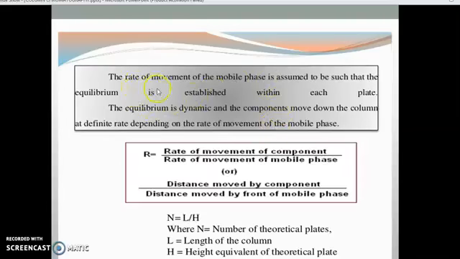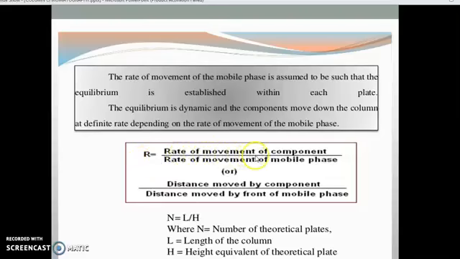Now let us look at the rate of movement of the mobile phase in the practical way. Dynamically, the equilibrium is a composition of movement down the column at a defined rate-dependent factor.